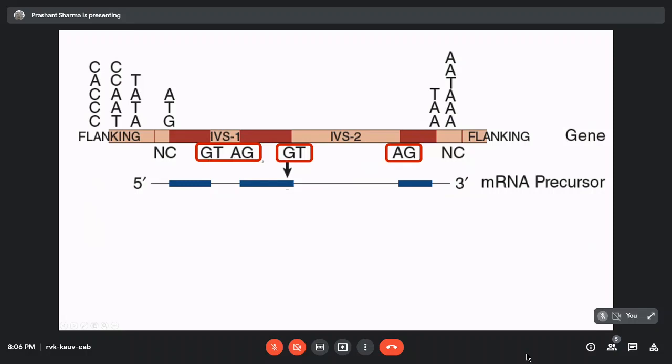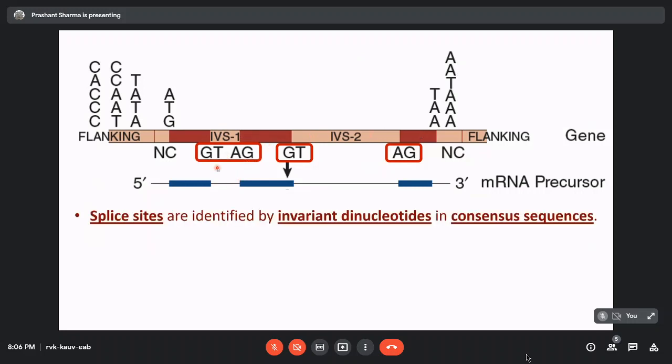Obviously we know that where the intron and the exon are meeting, it's going to be a splice site, because ultimately the introns are going to have to be spliced out and the exons joined together to give us the mRNA. So a big group of mutations can occur at the splice site, which are identified by the invariant dinucleotides, and around them, just outside, are the consensus sequences.